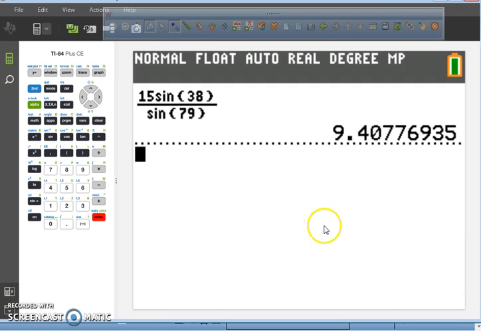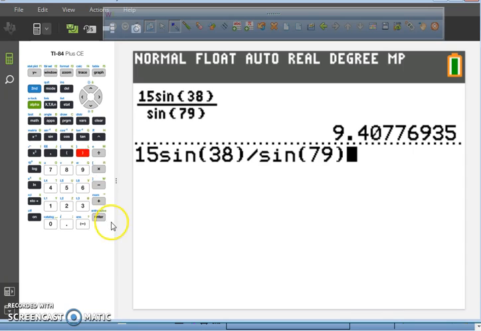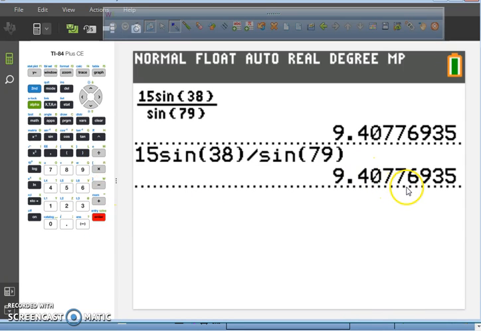Now, if you didn't want to use alpha y equals enter, you could also type it in this way. 15 sine 38. But you better close the parentheses. Watch. Gotta close the parentheses before I divide it by the sine of 79. And it gets the same answer. So if you like to do it horizontally, where you just do it that way, you can.